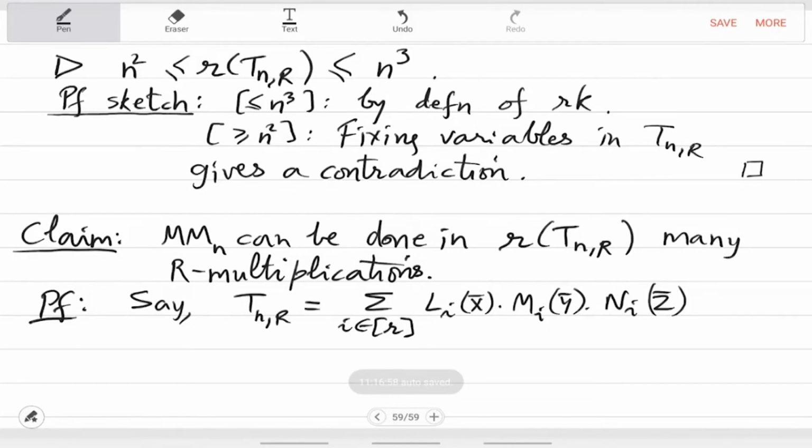Now extract z12. Compare the coefficient of z12 on both sides of this equation, and again you will see that the same R products, in a linear combination, give you the second entry of the matrix product, and so on. So it just follows from this equation. It's already tailor-made.